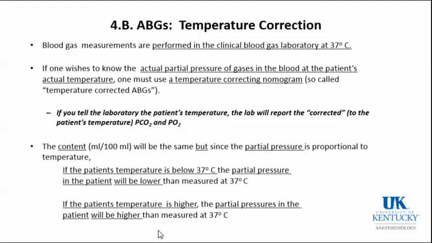So if the patient's temperature is lower than 37 degrees, which is when these measurements were taken, then the partial pressures of both oxygen and CO2 will be lower than what the lab reports. On the other hand, if the patient's temperature is higher than 37 degrees, the partial pressure of oxygen and CO2 in the patient will be higher than the partial pressure that was reported from the laboratory.